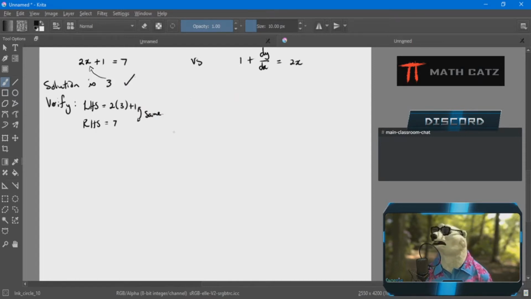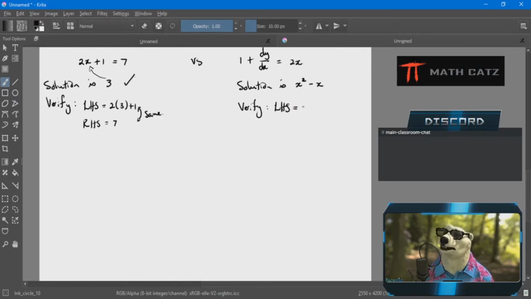The same concept applies to this differential equation, where I'm given a guess of a potential solution as x squared minus x. I can again verify that by evaluating both sides of the equation.